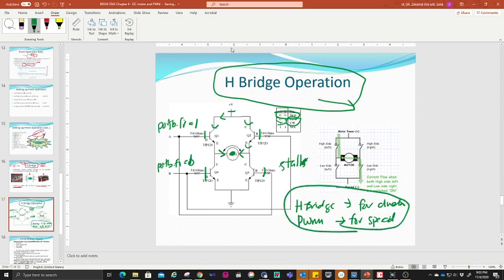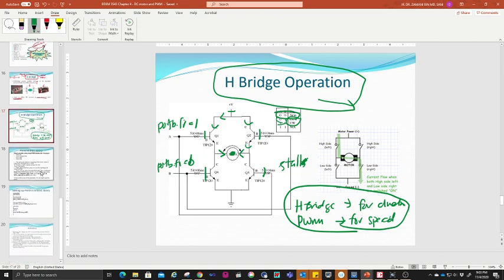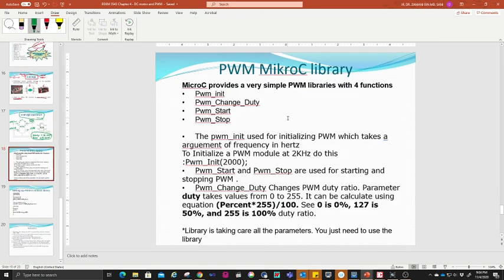So that's the operation of the H bridge, and you just need to learn how it works. Basically, you have to imagine it, because there's no hardware in this lecture, so you have to simulate it in Proteus. This is the PWM library that we are going to use in our class. This is not changed. This is going to be set duty.